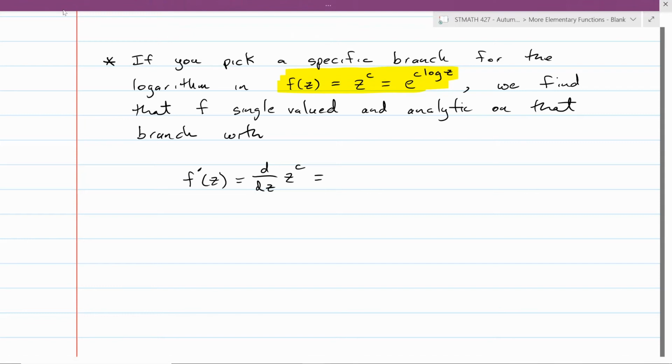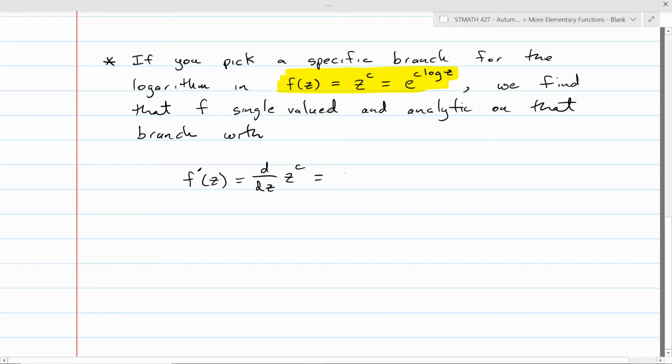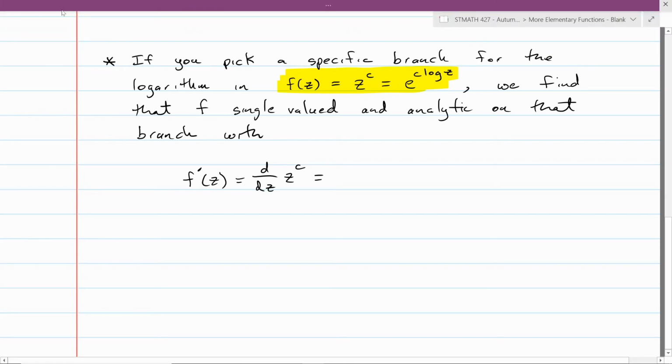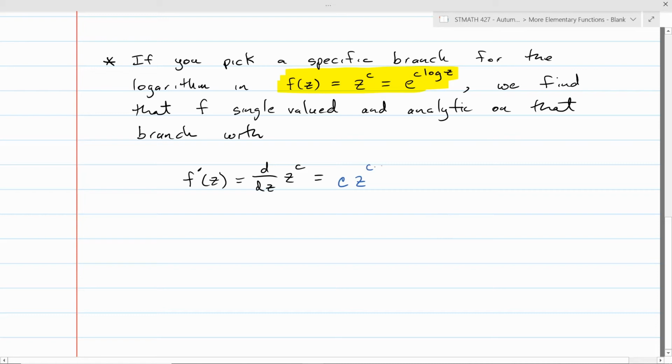And when you do that, the function becomes single valued, and also by virtue of the way it's defined, it's e to a power, it's going to be analytic, and you can compute the derivative, and it turns out to be exactly what you would hope it would be. So the derivative of z to the c obeys the power rule. It'll be c times z to the c minus 1, where c is any complex number there, right? So that's pretty cool.